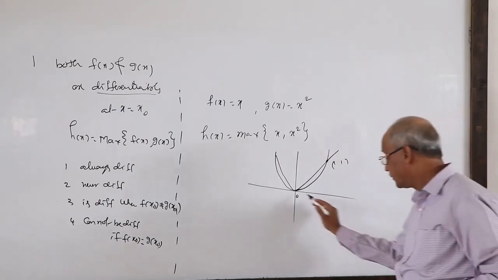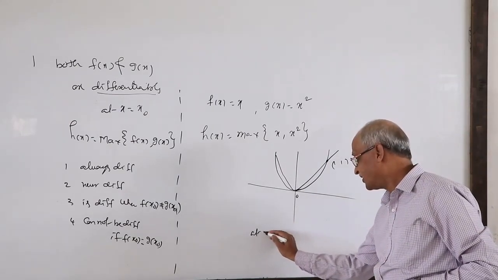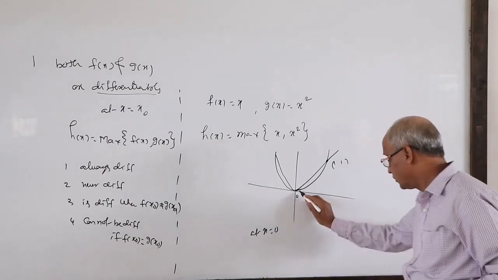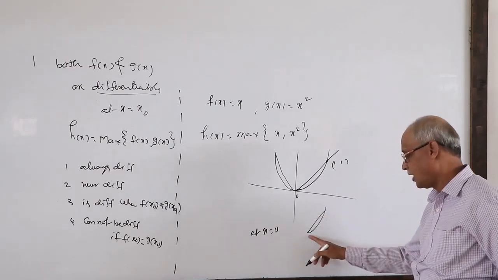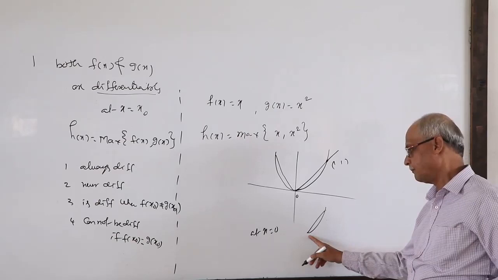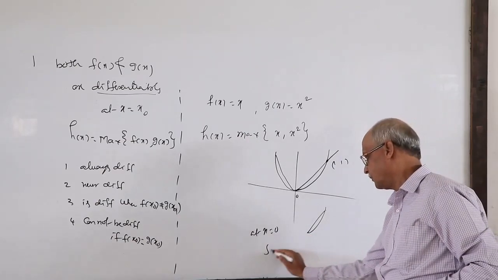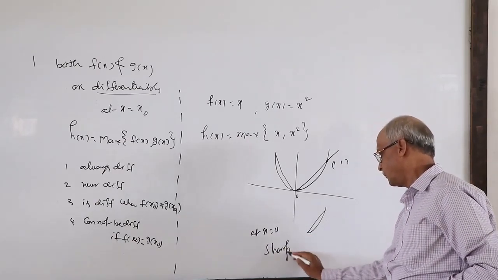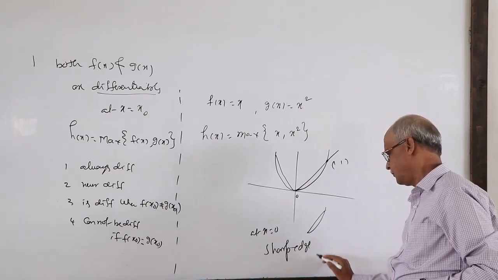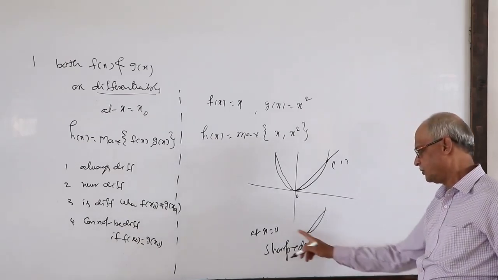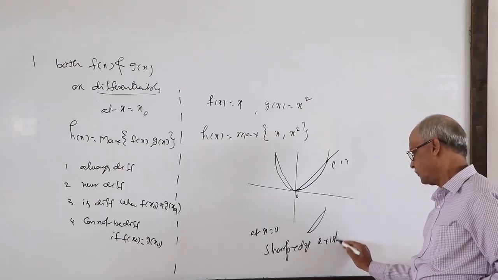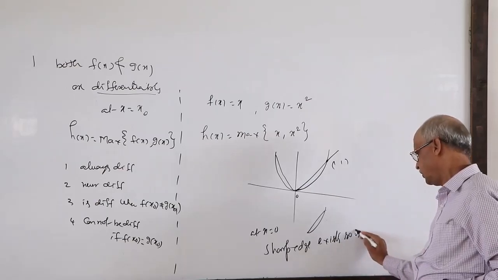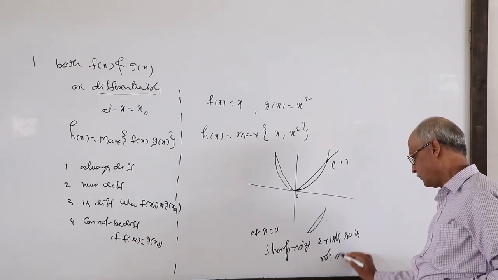Okay, see, at x equal to 0, what do you notice? Sharp edge. A sharp edge is there at x equal to 0. So, it is not differentiable.